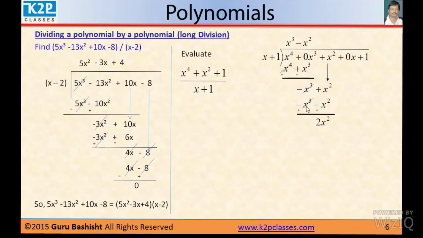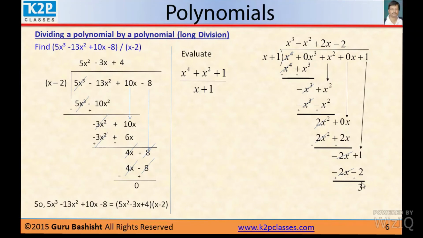This will cancel out each other. 2x square. This 0x will come to this side here. And just to get 2x square, we have to multiply this by 2x. We will get 2x square plus 2x, minus 2x plus 1. So to get minus 2x here, we have to multiply here by minus 2.